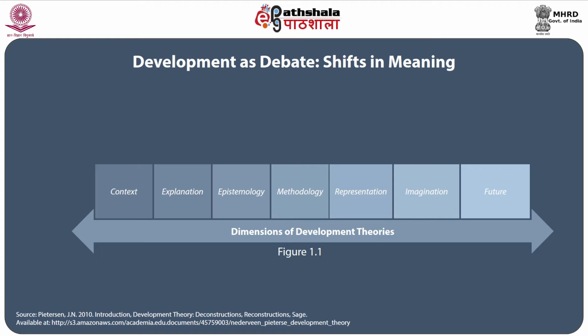What are the various dimensions of development theories is another important thing we need to understand. The historical context and political circumstances that led to the various developmental issues is one of the important aspects. We also need to know that the explanation was mainly for assumptions about causal relationships; the epistemology, rules of what constitutes knowledge; and the methodology in terms of various indicators of development and research methods in the study of development.